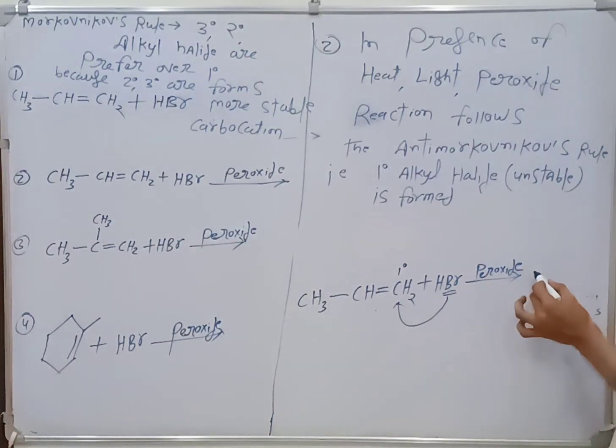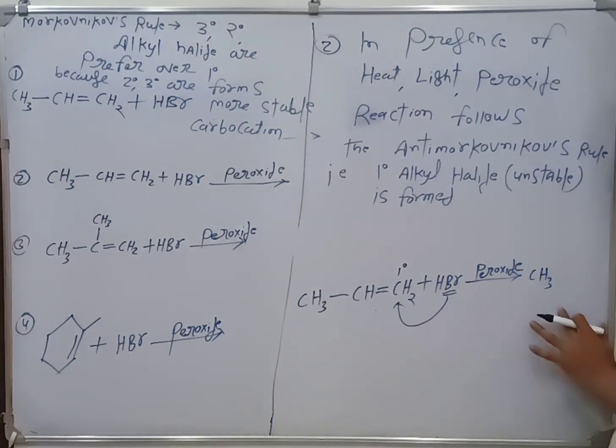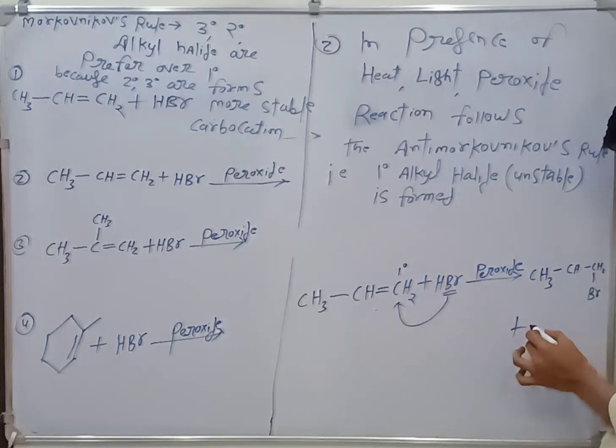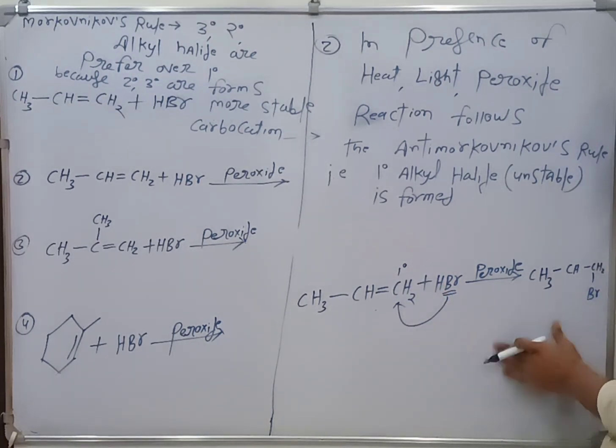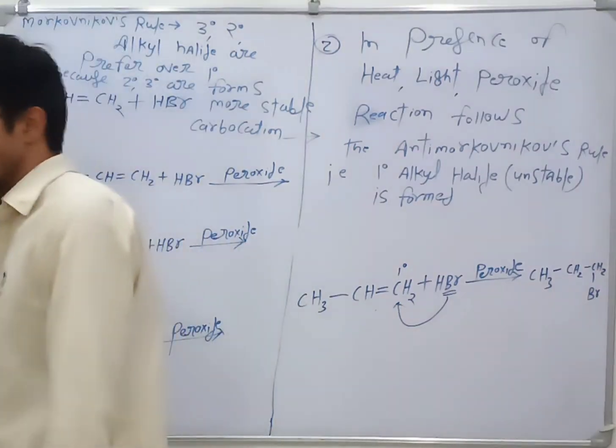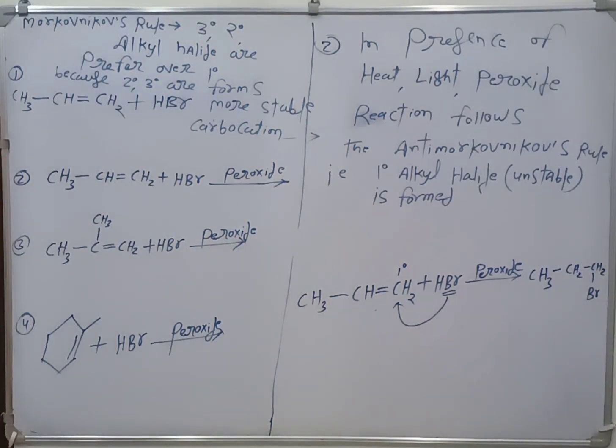So the product will be CH3 CH2 CH2 Br. So hydrogen will get attached to the other carbon. So this is the anti-Markovnikov addition. Anti-Markovnikov addition will take place only in the presence of peroxide, heat and light.